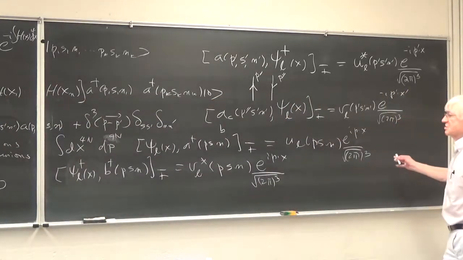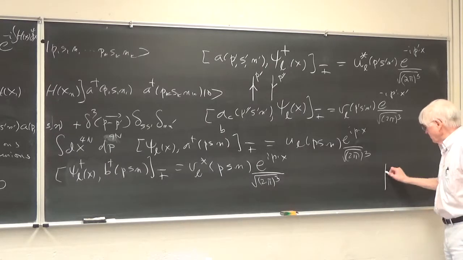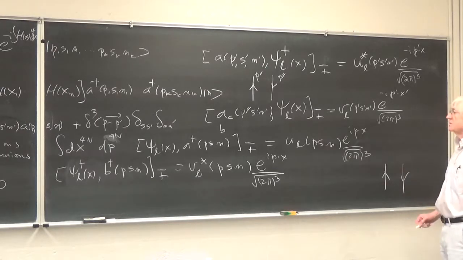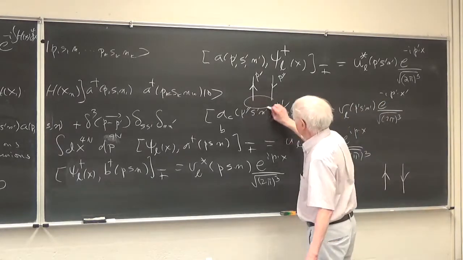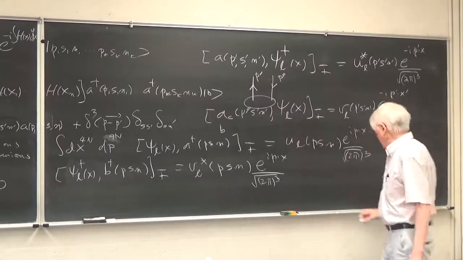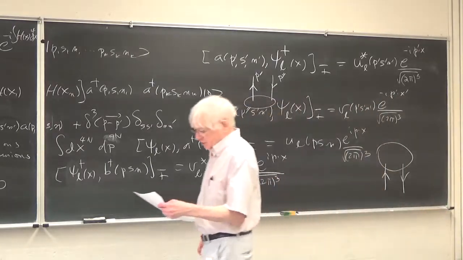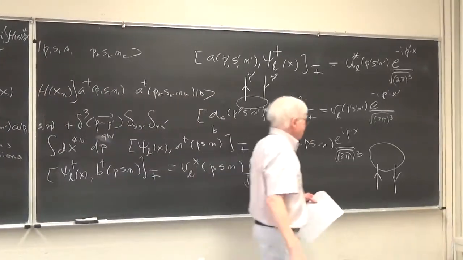And so how are these two described, these last two? This is the particle in the initial state, and this is antiparticle in the initial state. And the idea here, they're coming out of some blob and these guys are going into some blob. And then finally, there's the case where you have a particle or an antiparticle in the final state that couples with a particle or an antiparticle in the initial state.